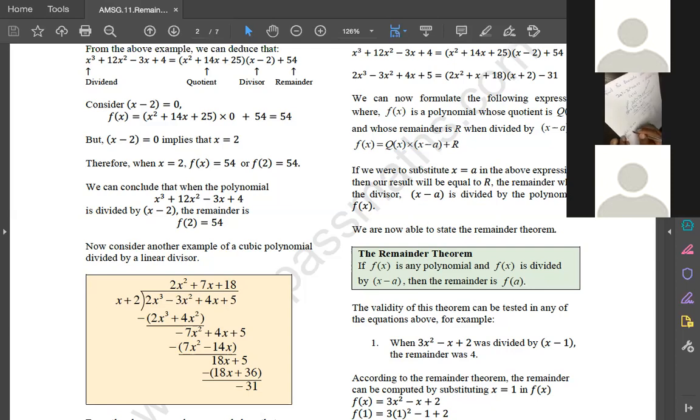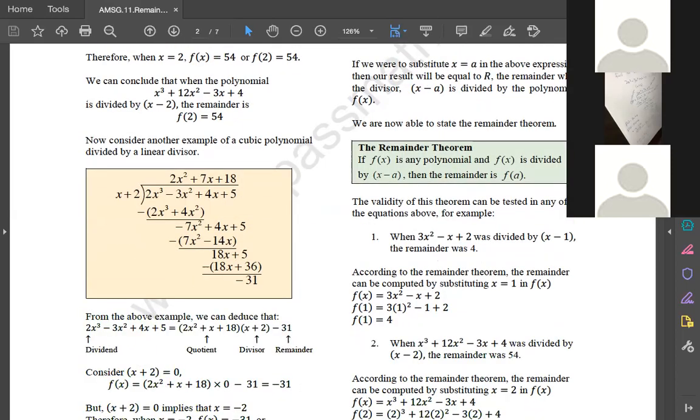So f of 2 is 3 into bracket 2 plus 4. So that is what this theorem is telling us. If indeed we have a factor x minus a, here this f of 2 is the same as x minus 2 is equal to 0. This is the factor I had the f of 2 from. So I pick the negative 2, cross it over, so x is equal to 2. That is how I was able to find f of 2.